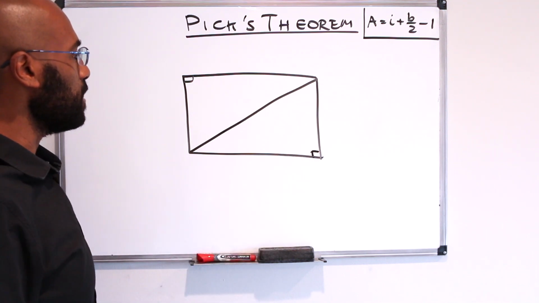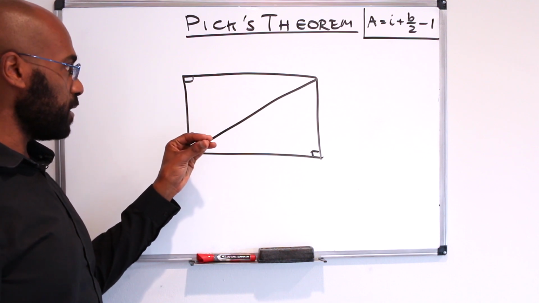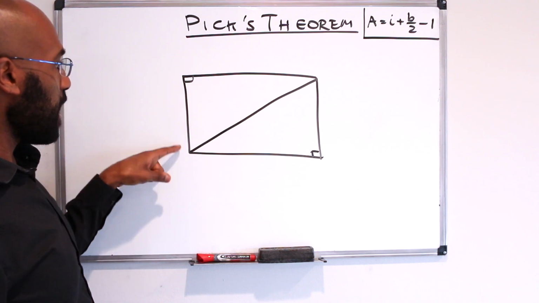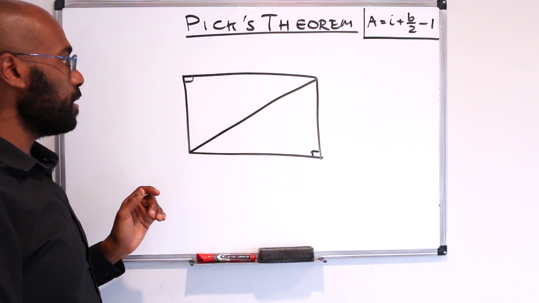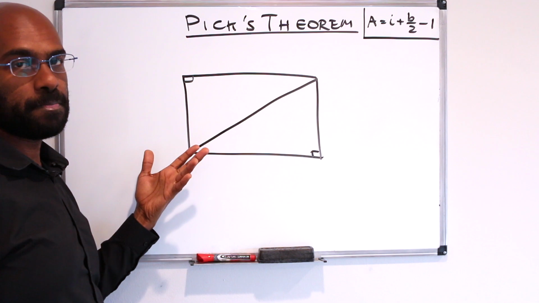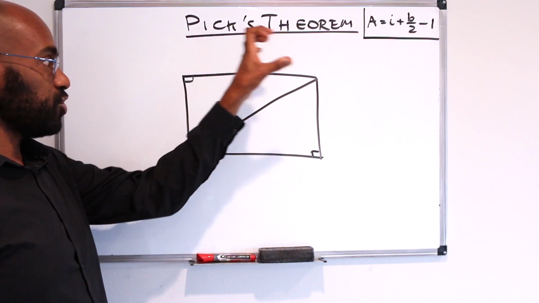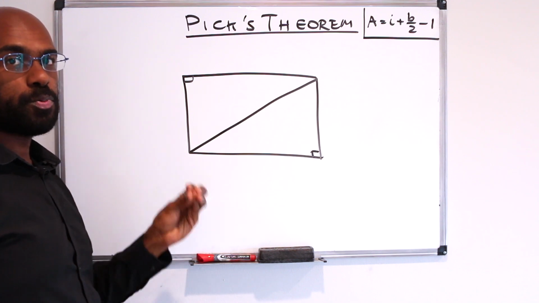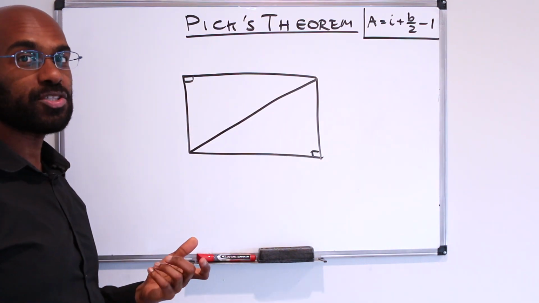And as a consequence, because these two right-angled triangles are actually congruent and their sides have the same orientation with respect to the axes, the number of boundary points and interior points in both of these are going to be the same. So we can use that together with the information that we have for the rectangle to prove Pick's theorem for right-angled triangles. So let's go ahead and actually do that.